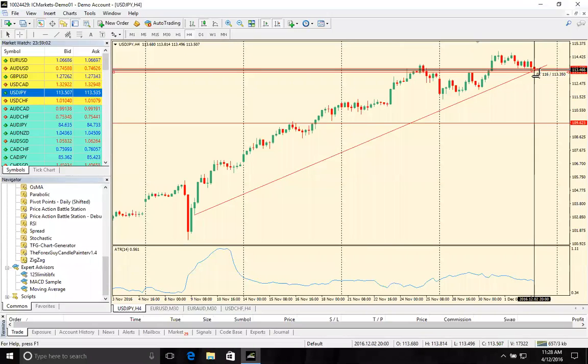This is where it comes to 12, and that will be my 113.350 stop loss. That's how I do the calculation, and that helps me avoid unnecessary stop losses due to the market volatility, or the currency pair's volatility.